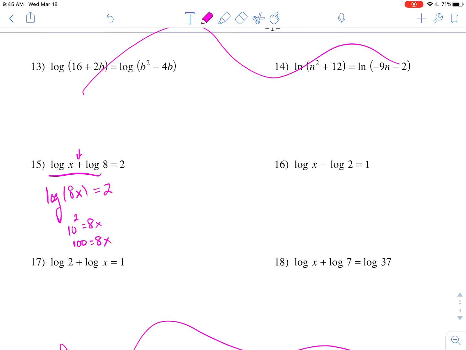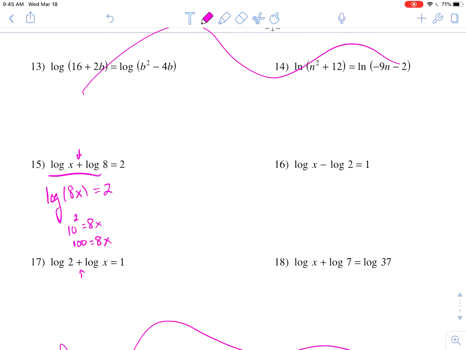And then we can solve. So why don't you guys try number 17. Pause the video, try 17, and then we'll talk about 16 and 18. Or you know what, why don't you try 16 as well?